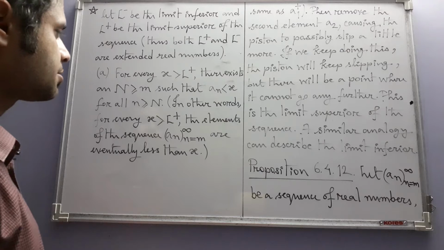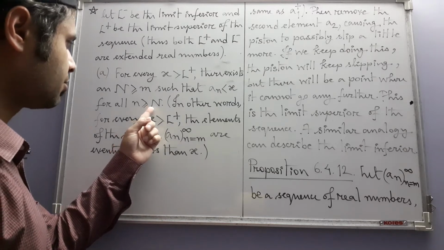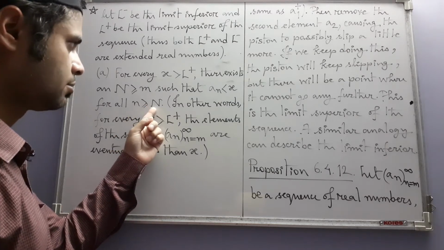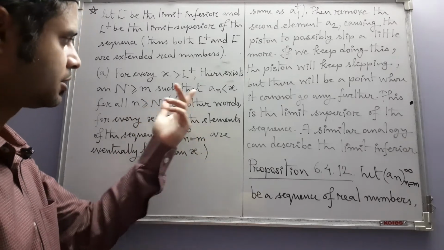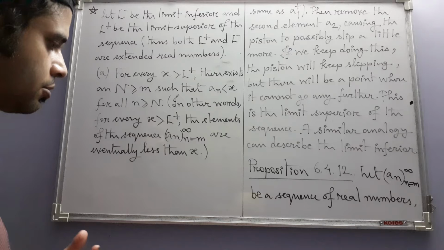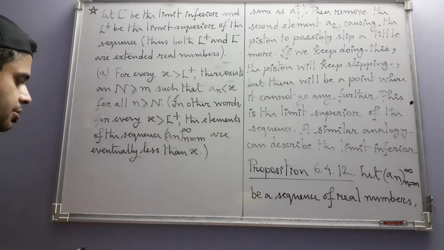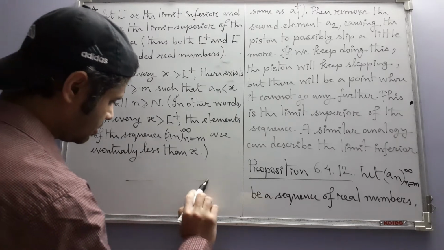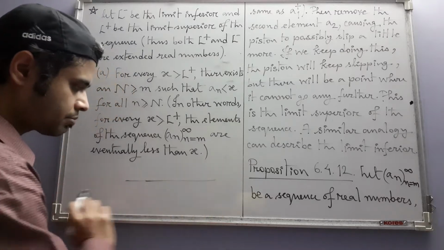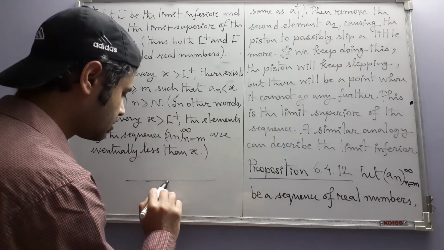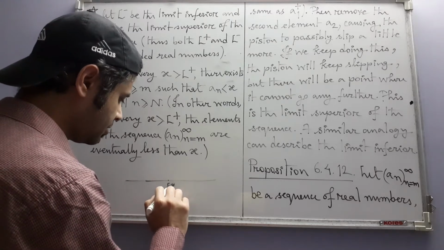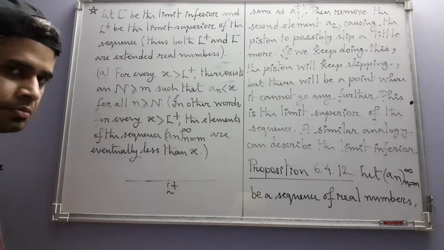Eventually less than x, because starting from this index, all the terms are less than x. So what it means is this: say you have the sequence on the real line, because after all it's a sequence of real numbers, and you have the limit superior here somewhere.